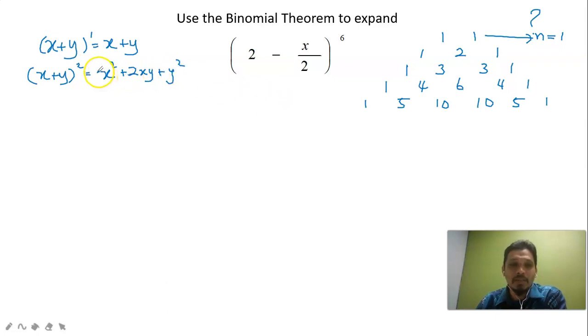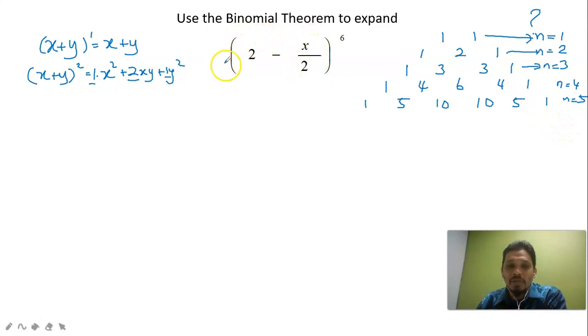Look at this one here. We got 1, 2, and 1. So when n equals 2, the coefficients of x and y are 1, 2, and 1. This is when n equals 2, and this is for n equals 3, n equals 4, and n equals 5.